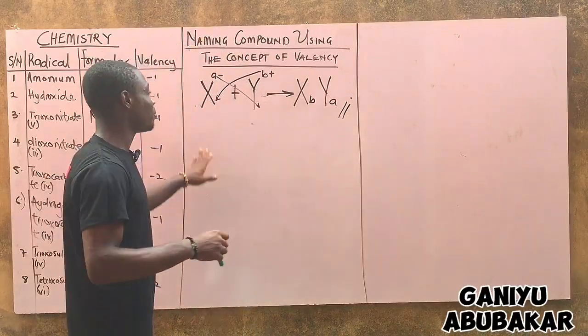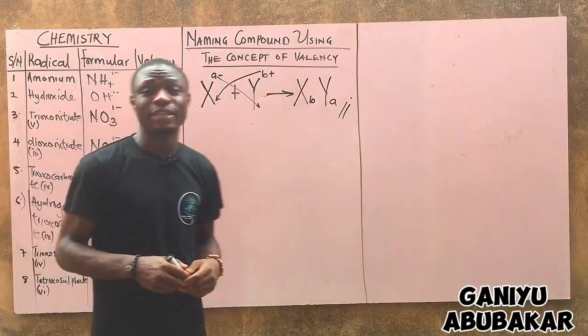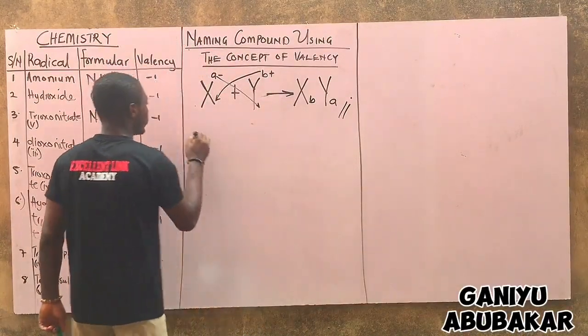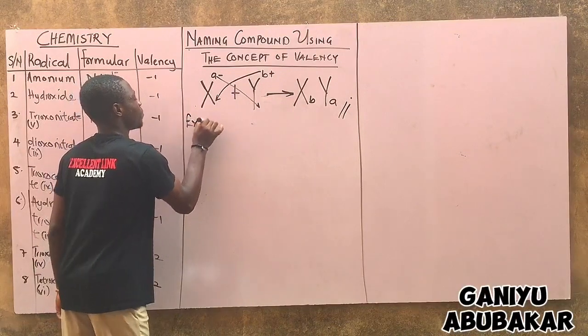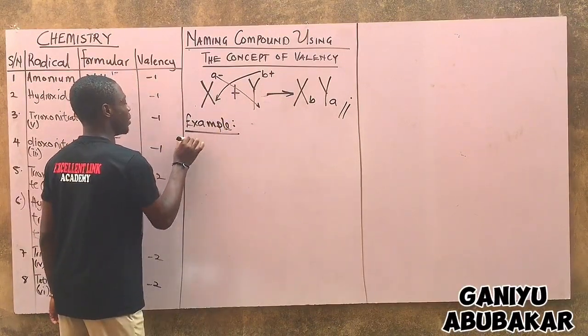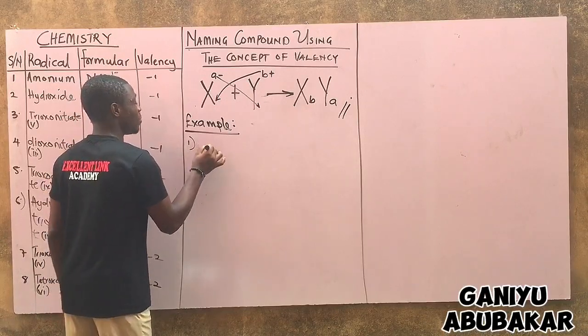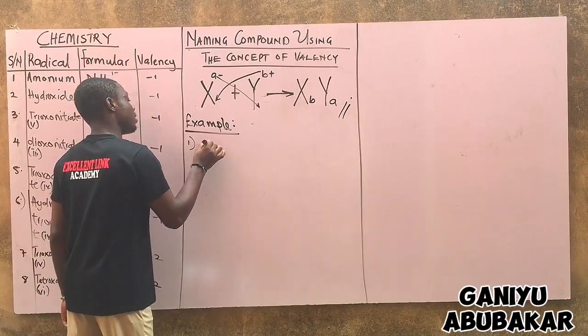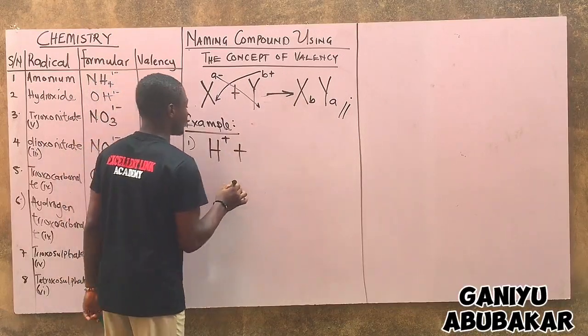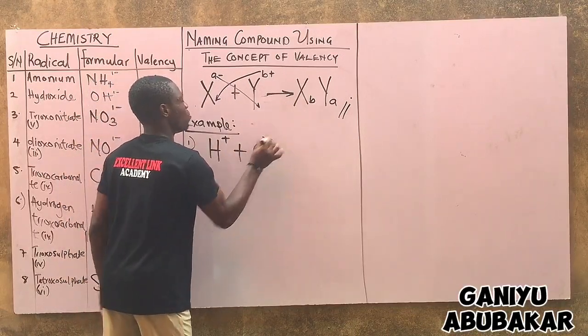All right, from here, let's take a quick example to understand this concept better. Example one. Let's say I have hydrogen H plus combining with oxygen 2 minus.